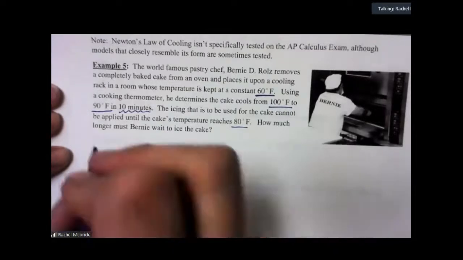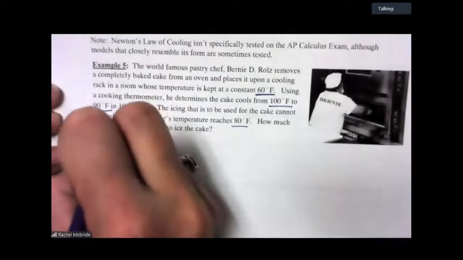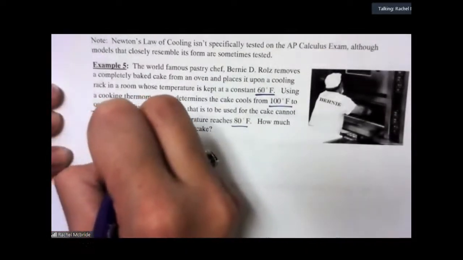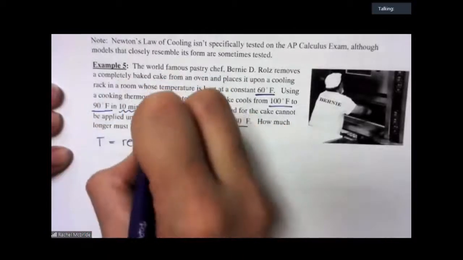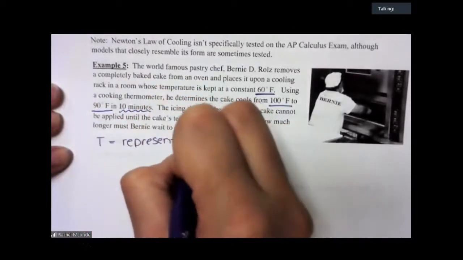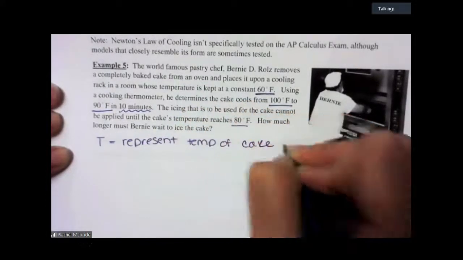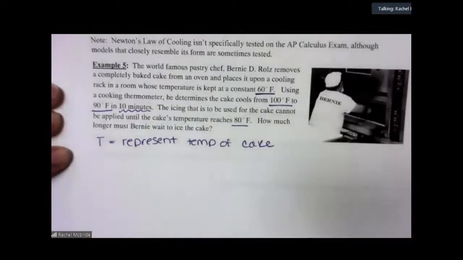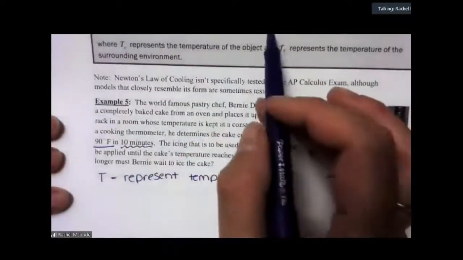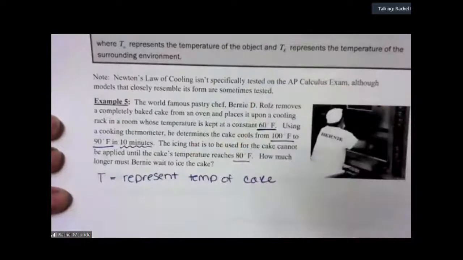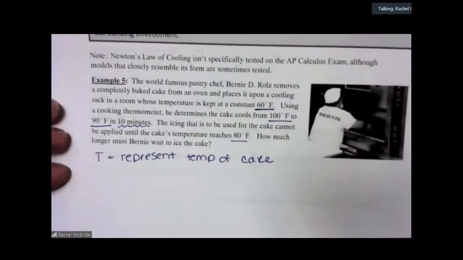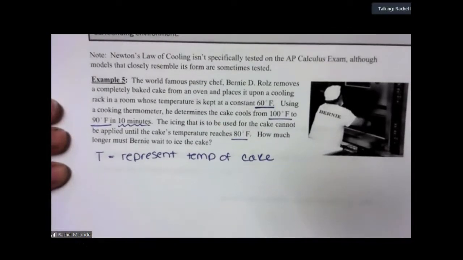So we're going to let capital T represent the temperature of the cake. And then we're going to use the equation from up above, where T initial represents the temperature of the cake when it is removed, and T is going to represent the temperature of the cake that we want to apply it to.